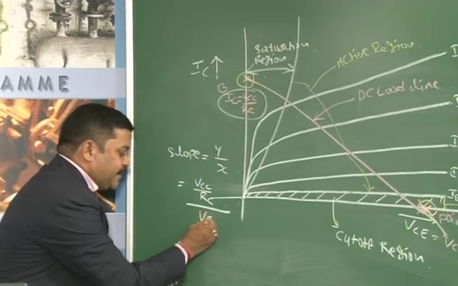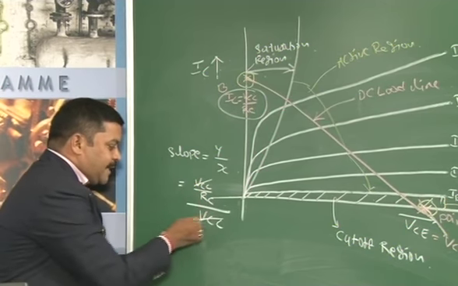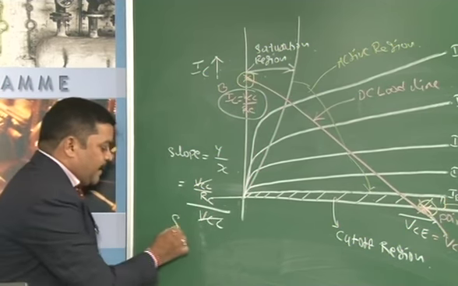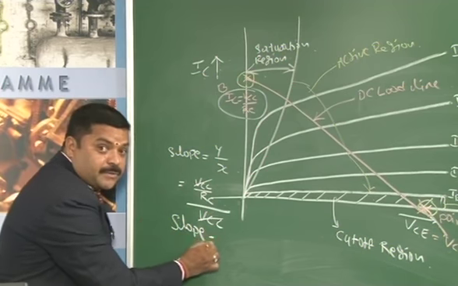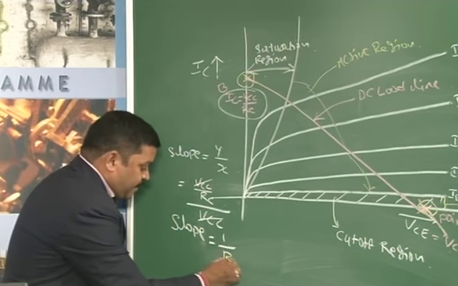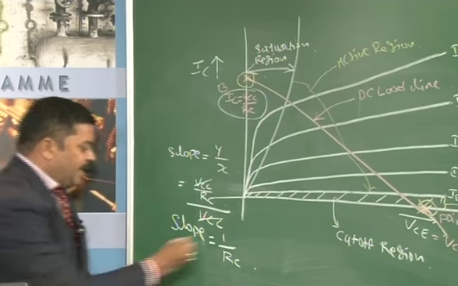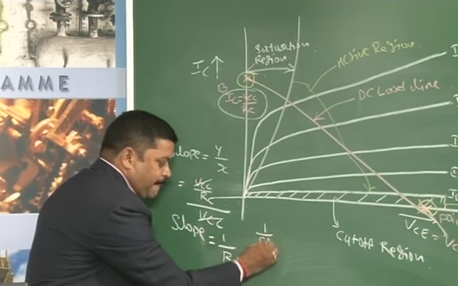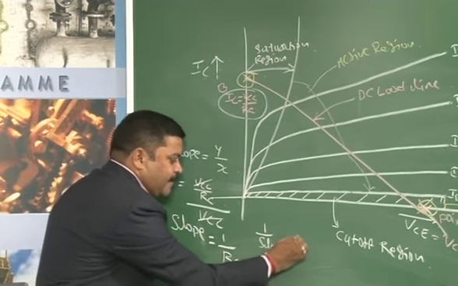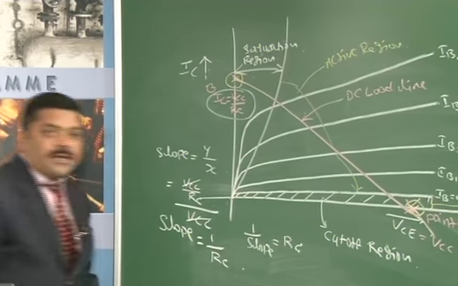So VCC cancels and the slope becomes 1 by RC. If we take the reciprocal of the slope, we get RC.